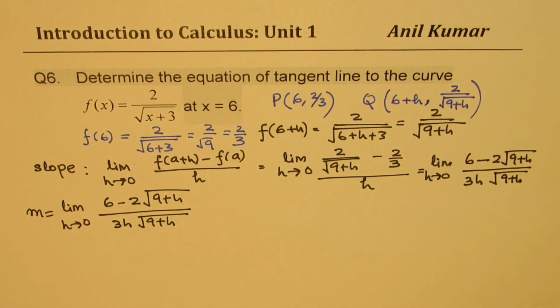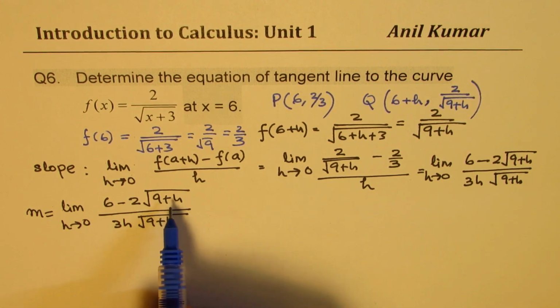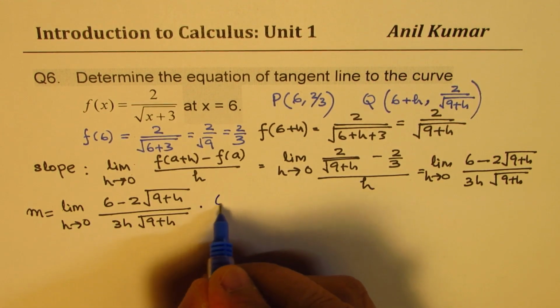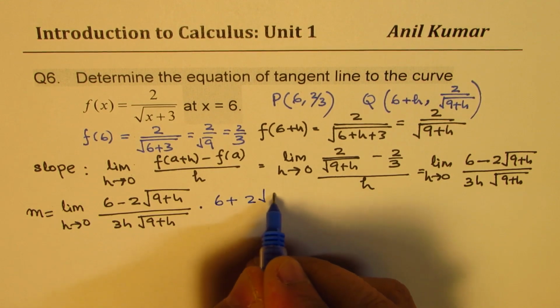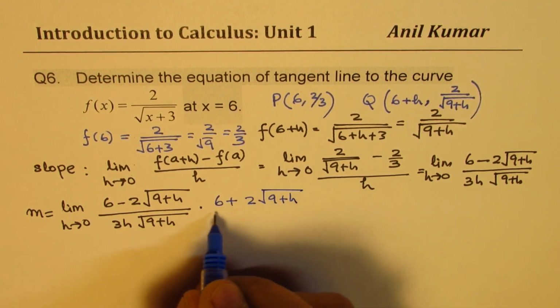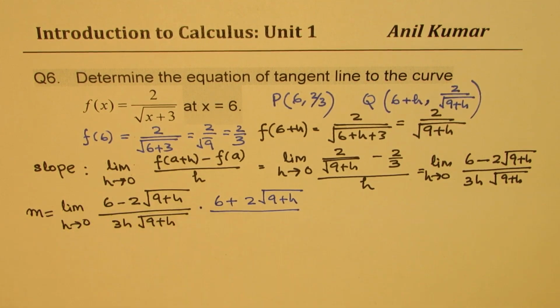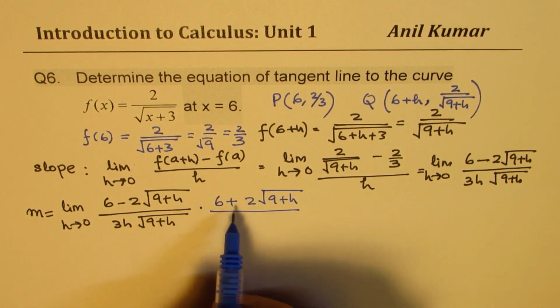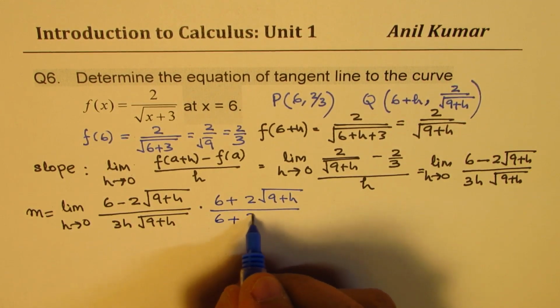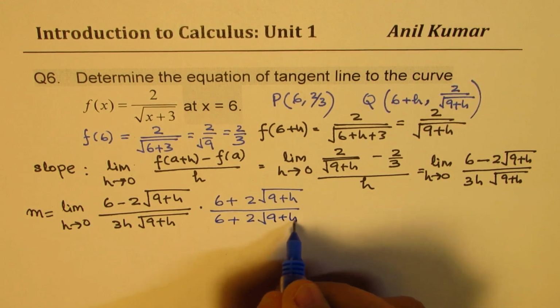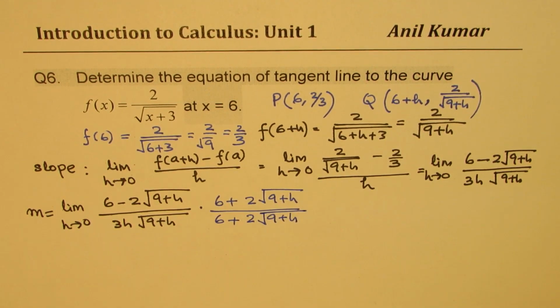Rationalize means we'll multiply and divide by the conjugate of this, which is 6 plus 2 square root of 9 plus h. We could have simplified this by taking 2 common, so we'll be working with smaller numbers in that case, but I haven't done so here, but you could definitely do it, right?